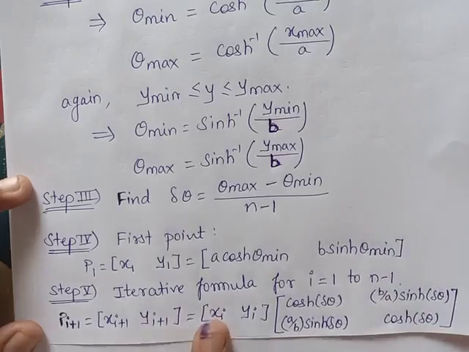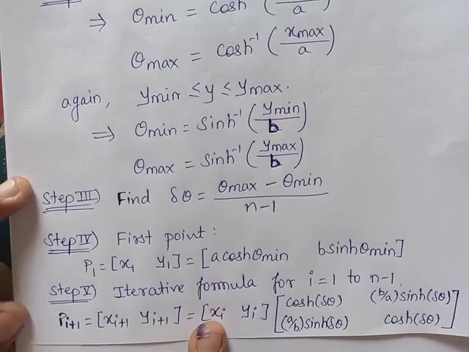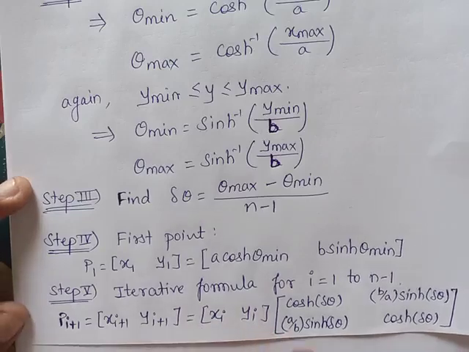While getting the required number of points from here, simply we have to represent them as a position vector matrix, say X. That is our step 6.